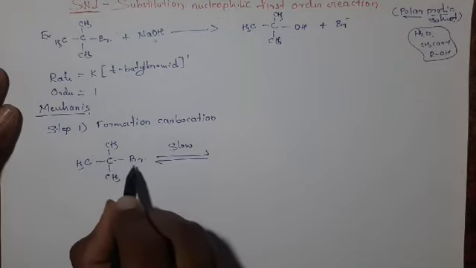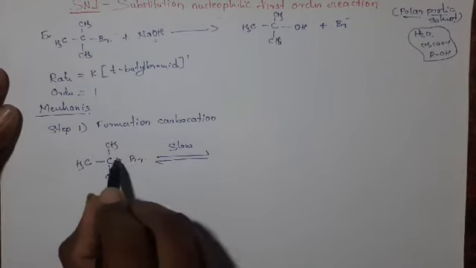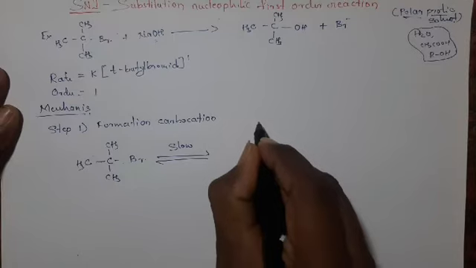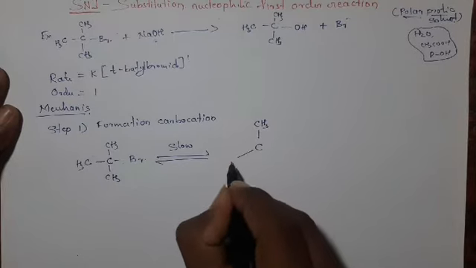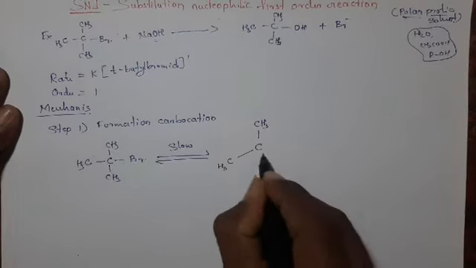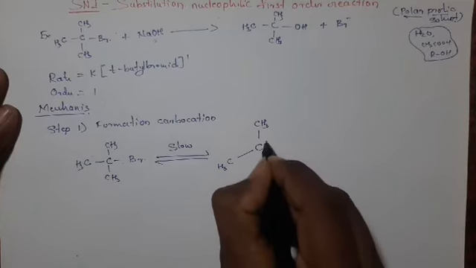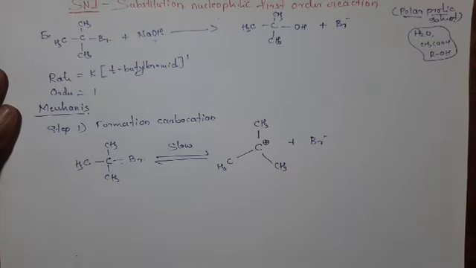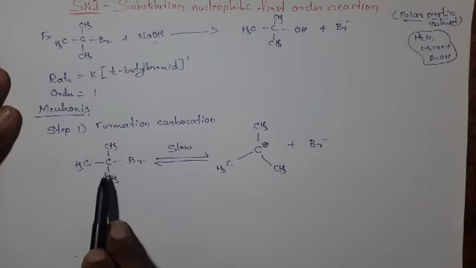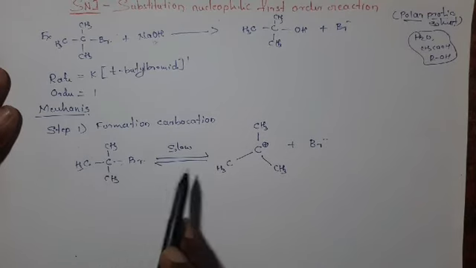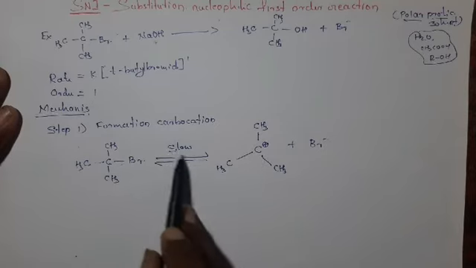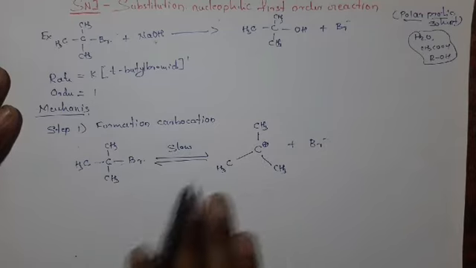Bromine goes with the two bonding electrons to give carbocation plus Br minus. This is the first step: tertiary butyl bromide undergoes ionization to give carbocation, and it is the slow step and a reversible step.